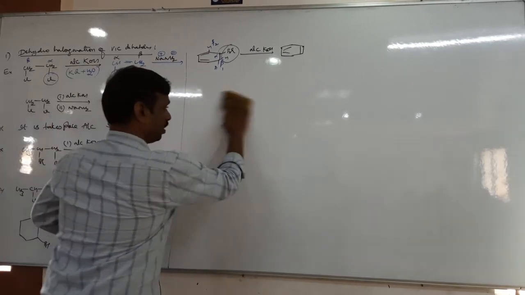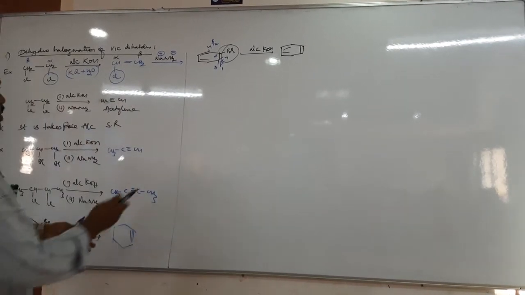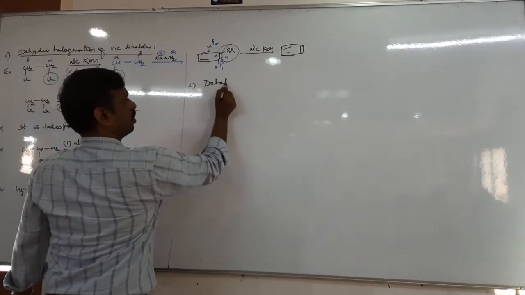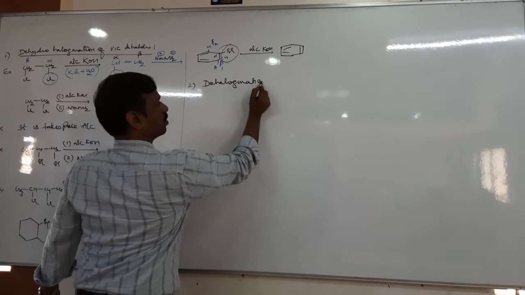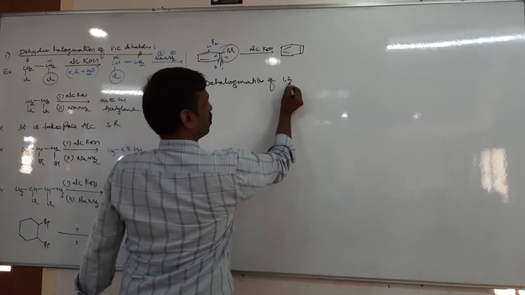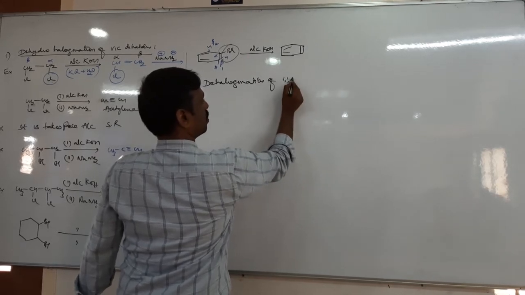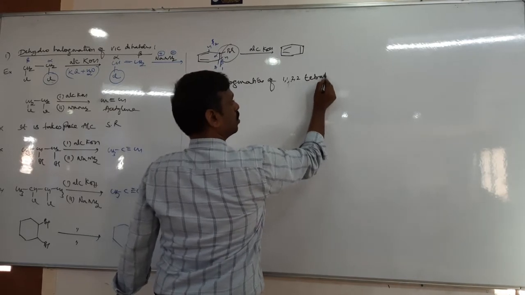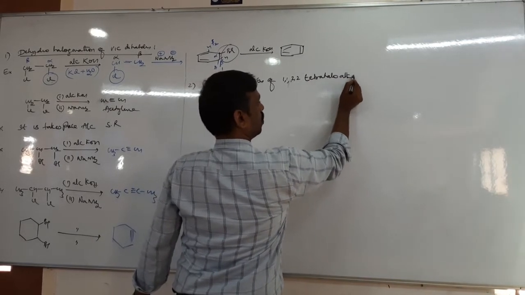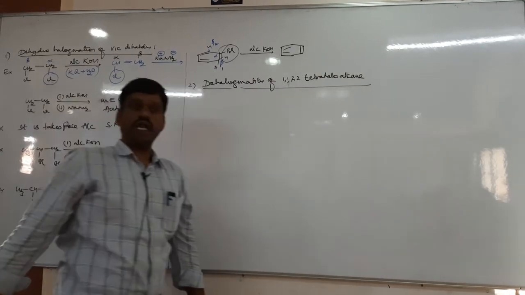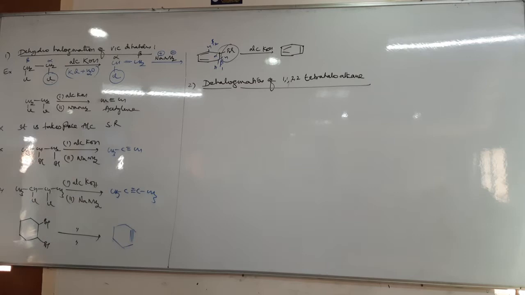Okay, next is the second method of preparation: dehalogenation of 1,1,2,2-tetrahaloalkanes.